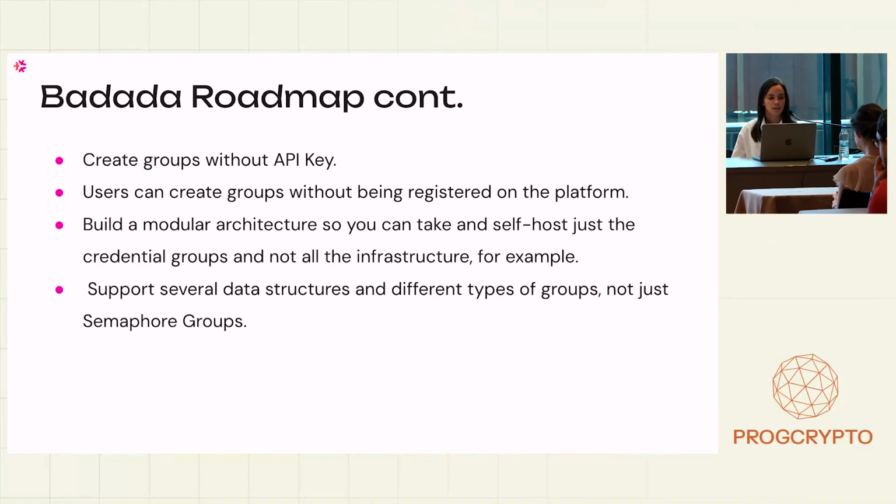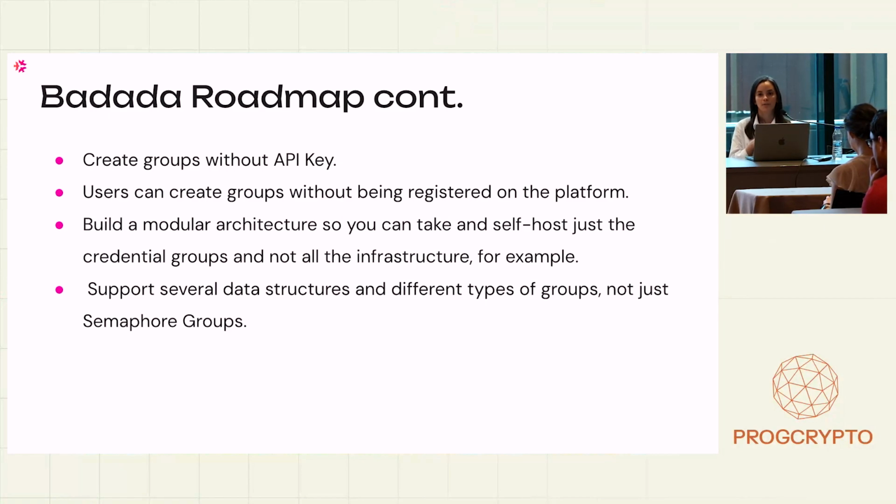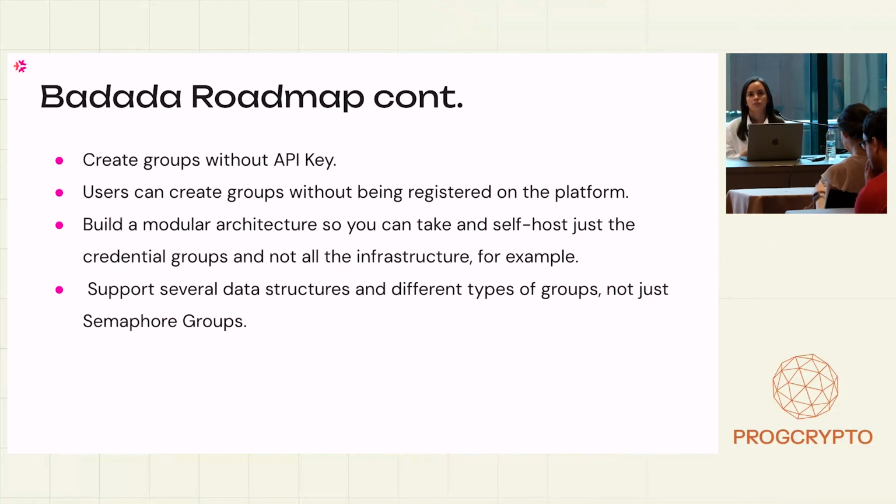And also build a modular architecture, so you can self-host the part that you want. For example, if you want to have only the credential groups, you don't need the other types of groups. Or maybe you don't want credential groups and you want the other groups with API key and the others.